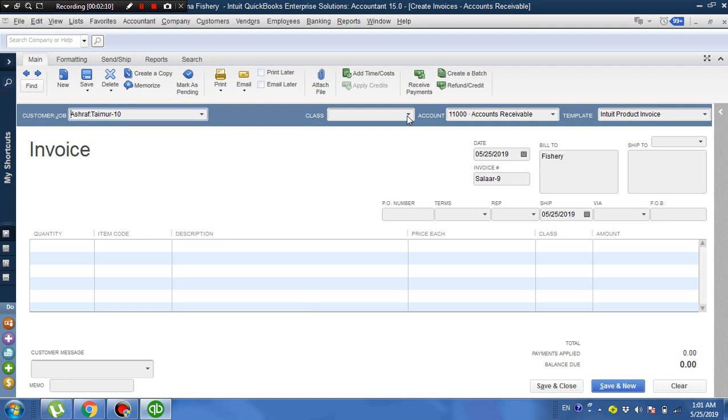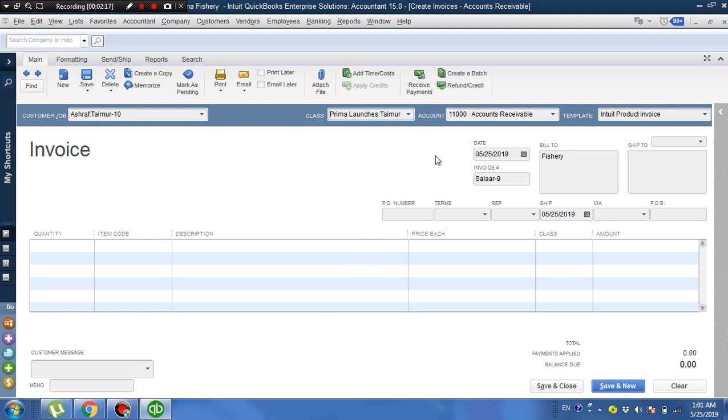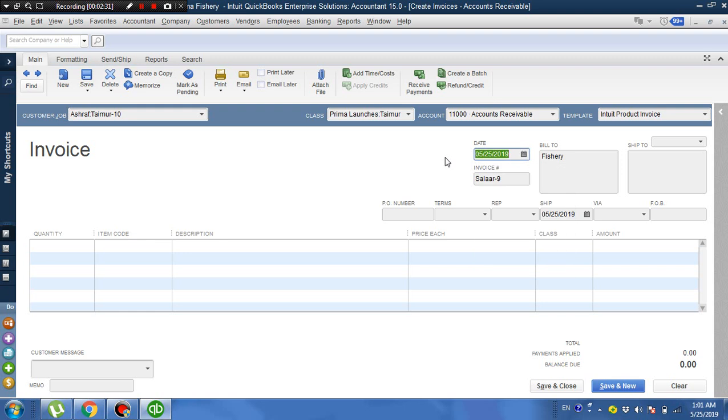We need to select a class here. The class is this launch Taimur. The account receivable will remain the same account receivable. The date will be the date here. And here we need to give a related invoice number.